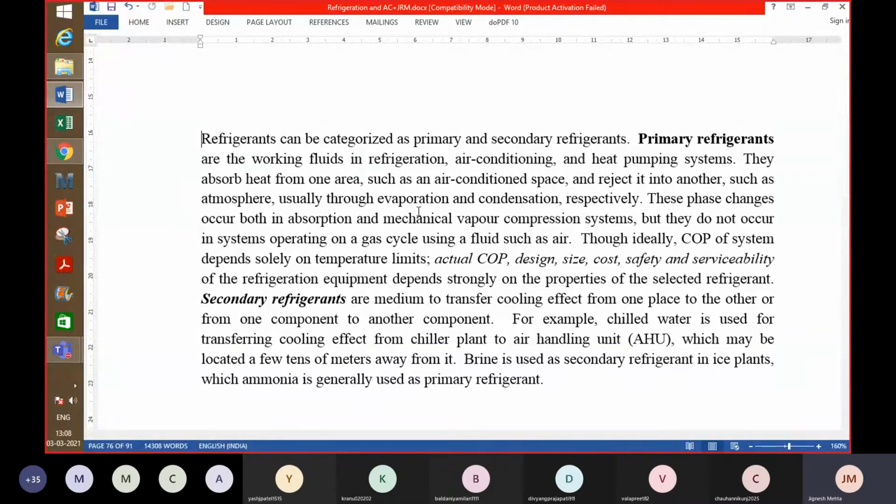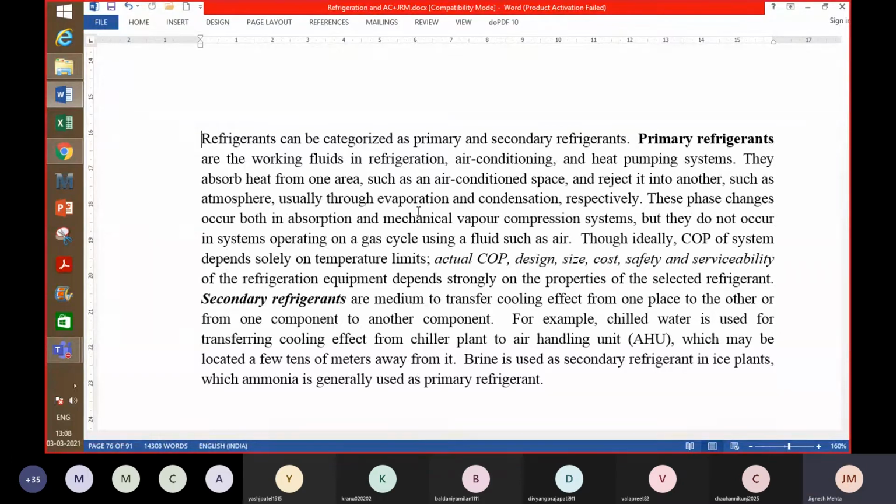But in the actual COP, the design of the system, size of the system, cost of the system, safety and serviceability, all these features also depend upon the refrigerant used in the system and the properties of the selected refrigerant.